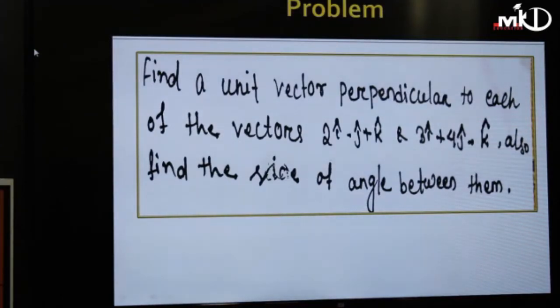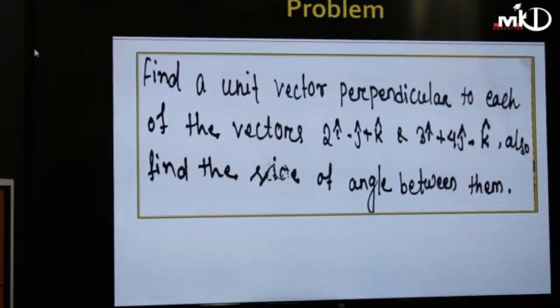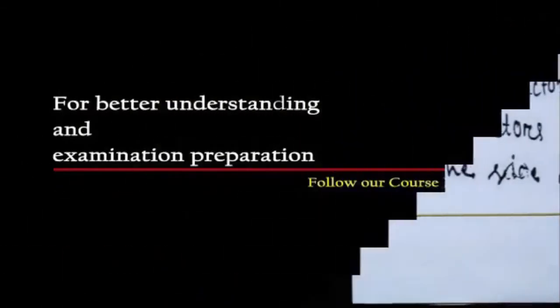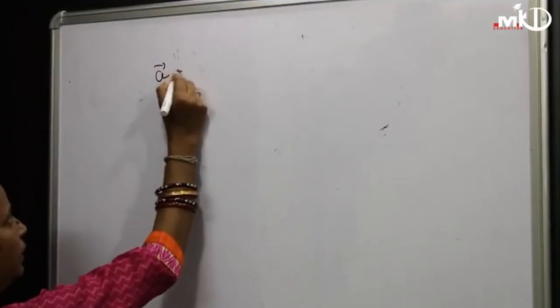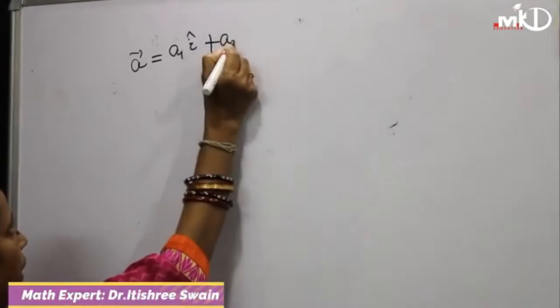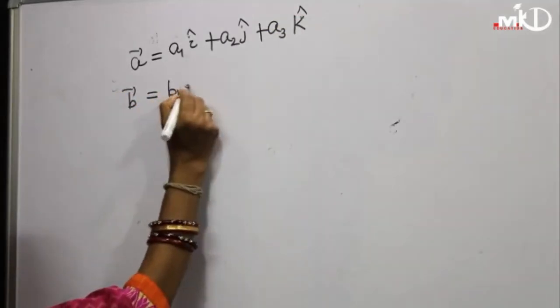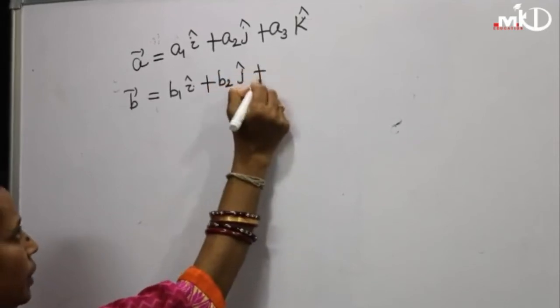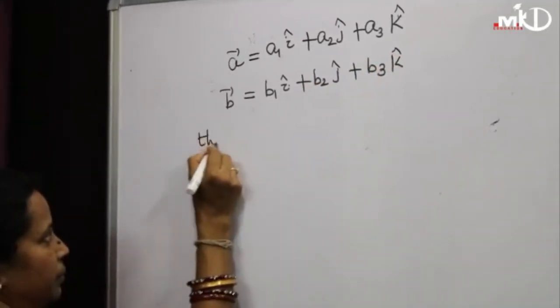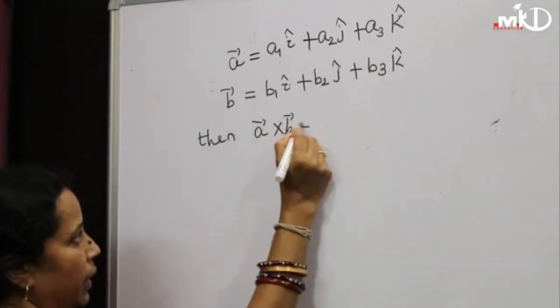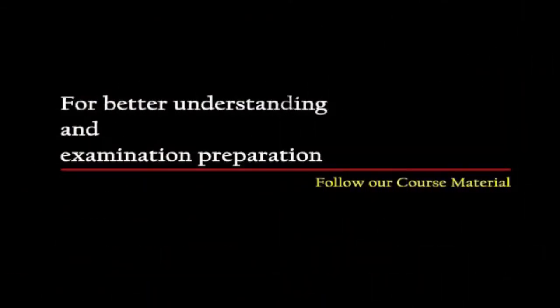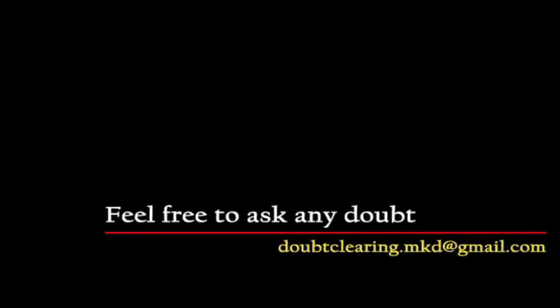Before discussing this problem, whenever we express a vector by its components, that is, if vector A is expressed as A1 i cap plus A2 j cap plus A3 k cap, and vector B is expressed as B1 i cap plus B2 j cap plus B3 k cap, then A bar cross B bar is found by the determinant of i cap, j cap, k cap, A1, A2, A3, B1, B2 and B3.